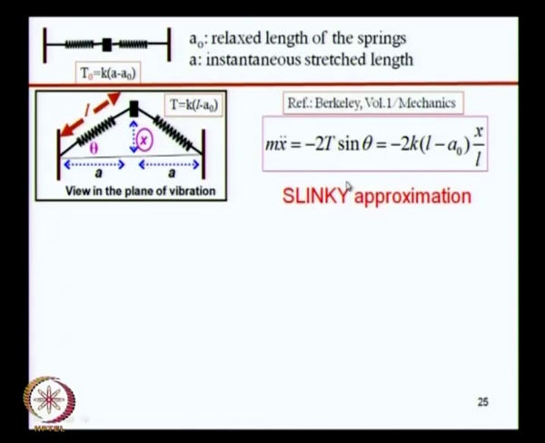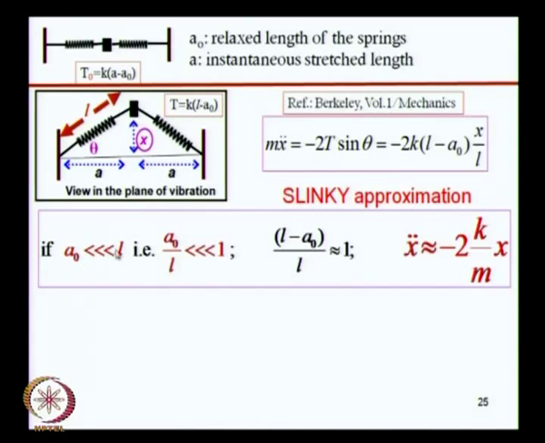This approximation can be made when a0 is much less than L, because then a0 over L becomes much less than 1, and the factor (L minus a0) over L becomes nearly equal to 1. So, you can actually cancel it. The numerator L minus a0 becomes nearly equal to L in this approximation.